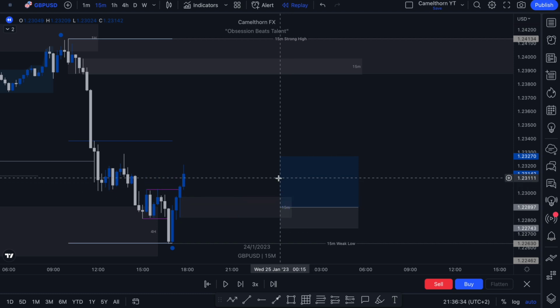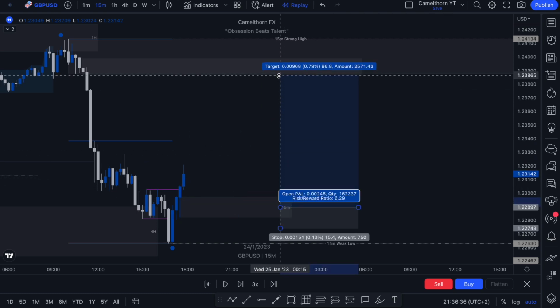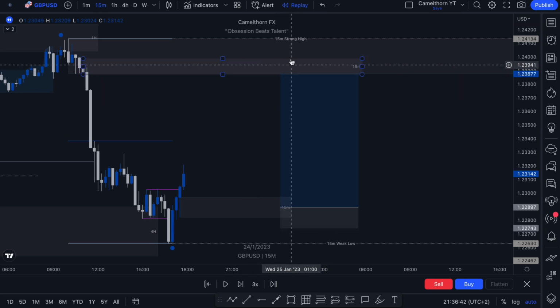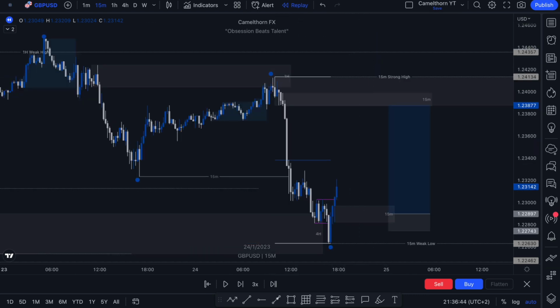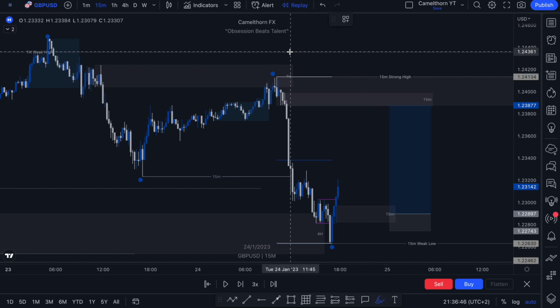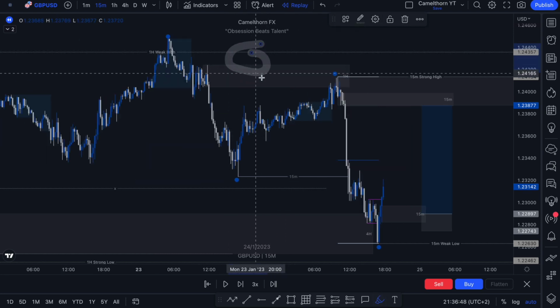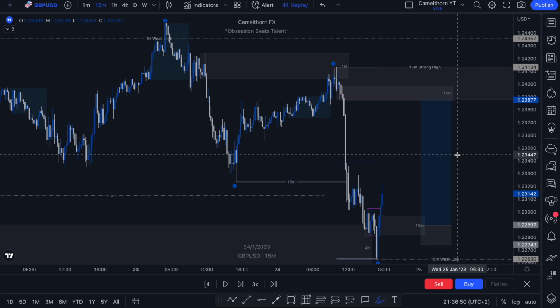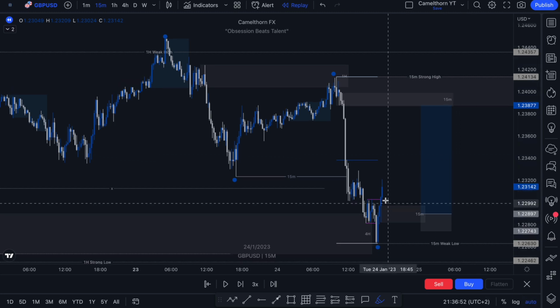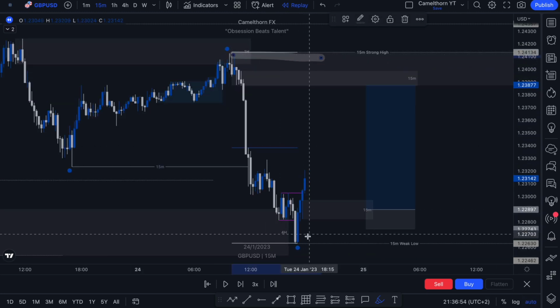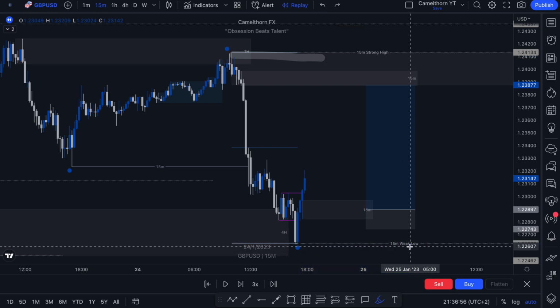I gave it like a 15 pip stop, and all I was doing was aiming for this particular 15-minute supply zone in here. Obviously, I knew that there was a high chance that price action was going to push towards that 1 hour weak high, but I just wanted to play within the extremities of this particular 15-minute zone.